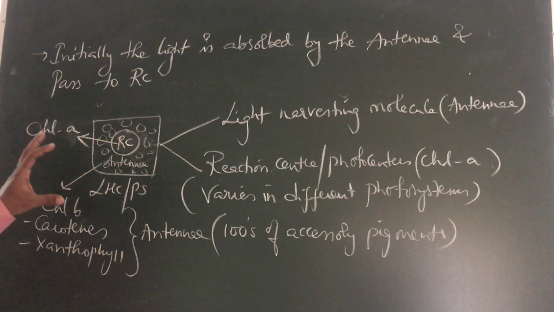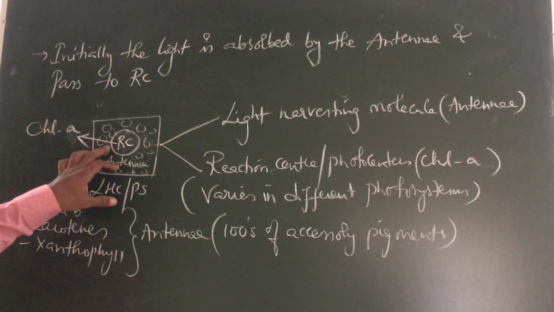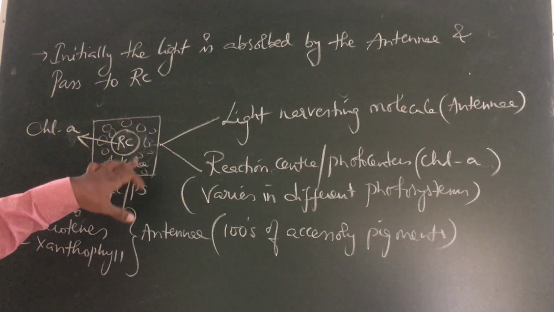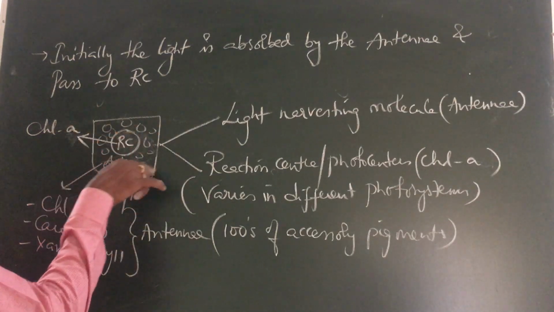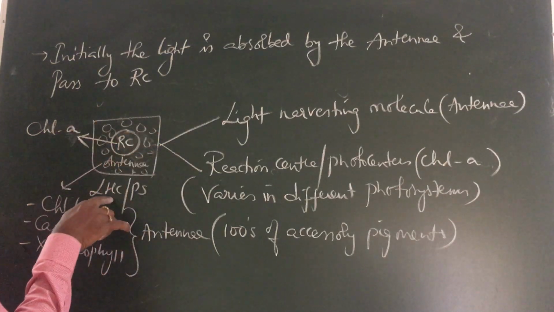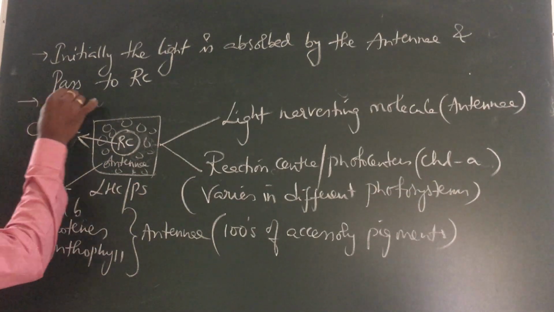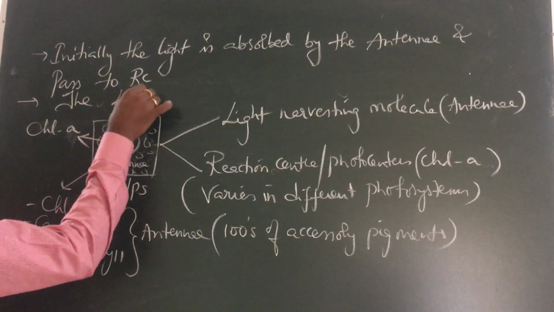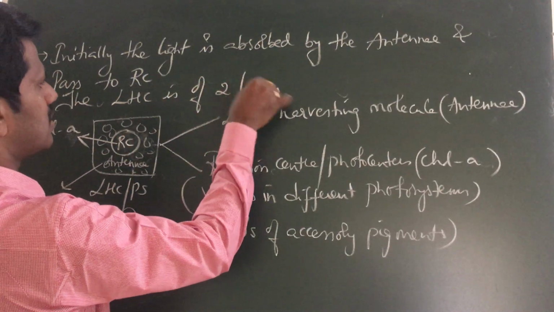So chlorophyll A in photosystem 1 is structurally different from chlorophyll A in photosystem 2. Here, if you see, the LHCs are of two types.